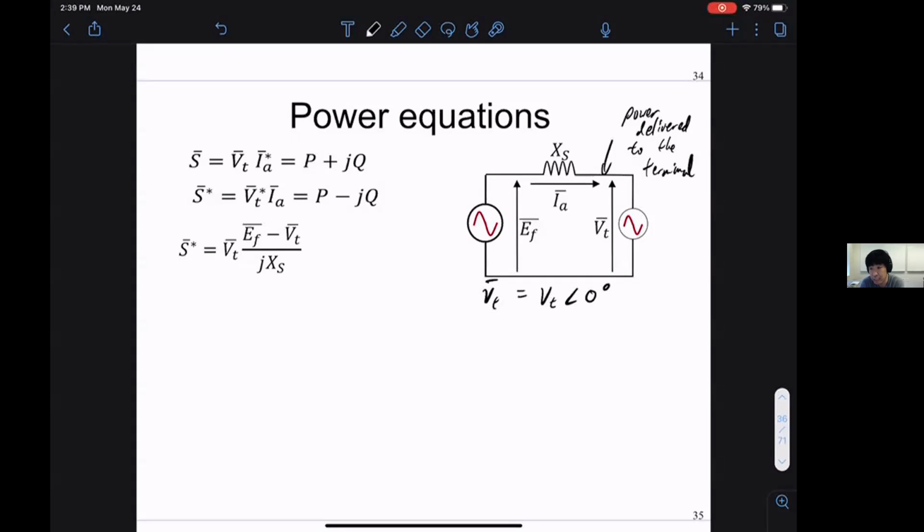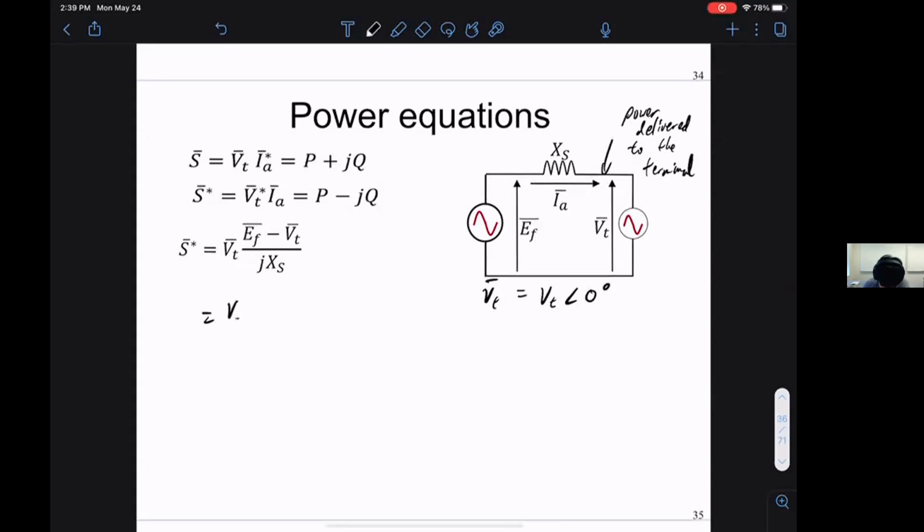We pick the grid as a 0 degrees reference. So for the equations to work out, it's a bit easier to work with the complex conjugate of the power, S. So instead of conjugating the current, we'll conjugate the voltage, but then the voltage just has angle 0. Right? So that makes the equation a little bit easier to work out.